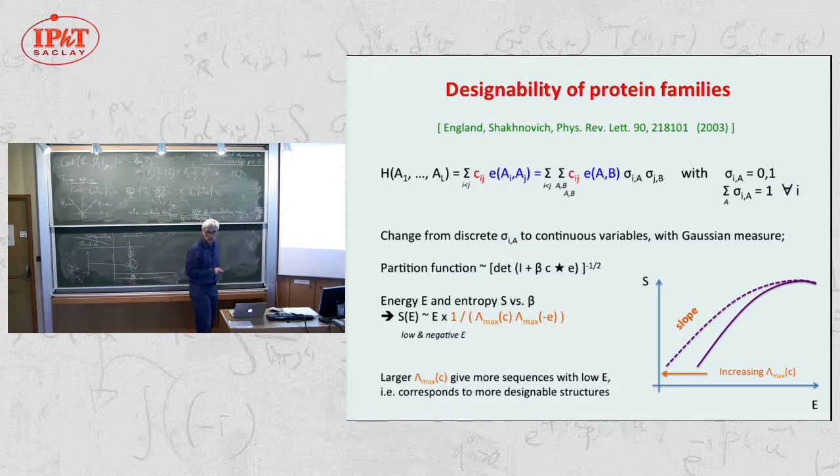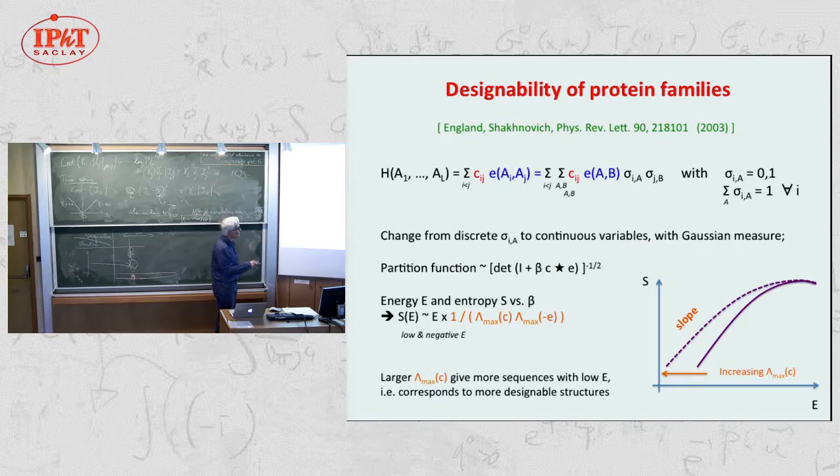Okay? Now you can start a very crude approximation, saying that instead of having 0, 1 spins, let's say there are Gaussian spins, in the sense that I use that as a quadratic form for my Gaussian measure. Then within this very crude approximation, the partition function will be simply the determinant of some identity matrix, which fixes the constraint, let's say sigma squared.